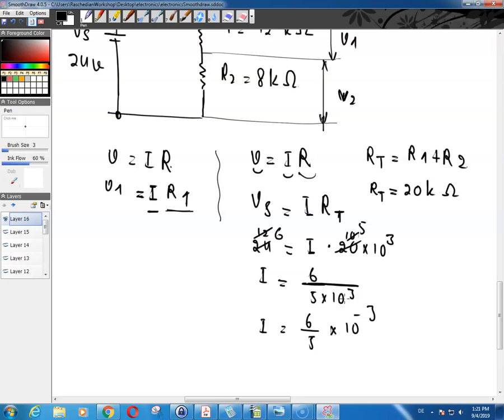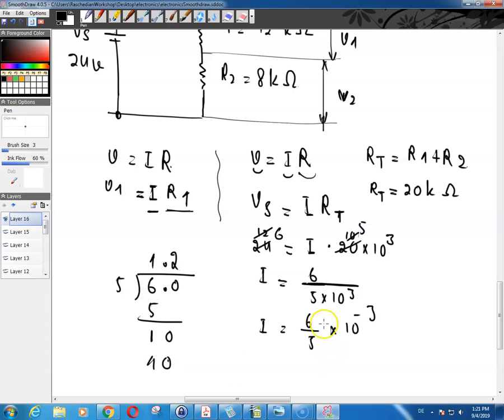6 divided by 5 is the same thing as, I'm sorry, I wrote this wrong. 6 divided by 5: 1 times 5 is equal to 5, so you have 1 over here, 0, and 2 times 5 is equal to 10.